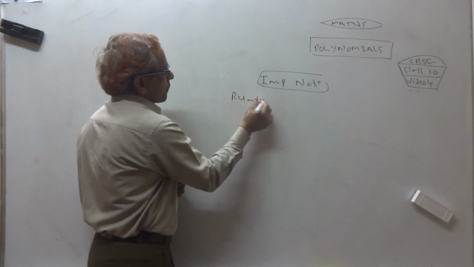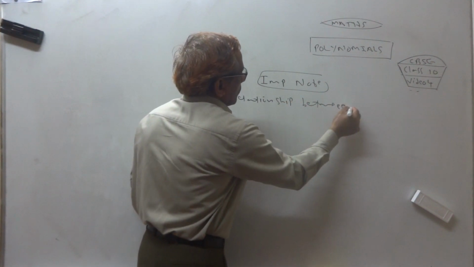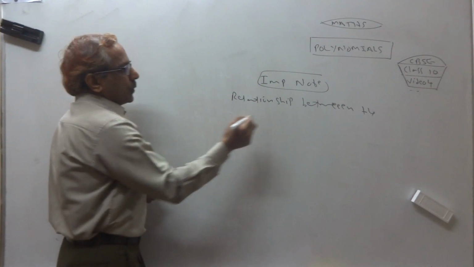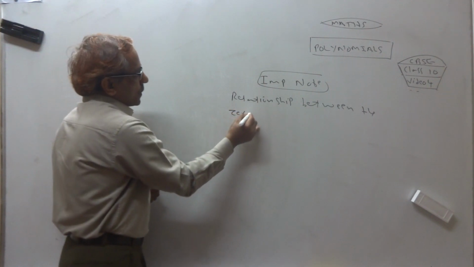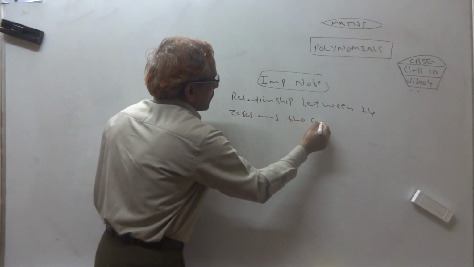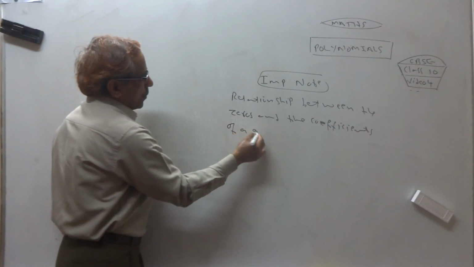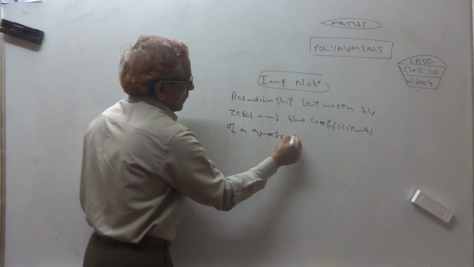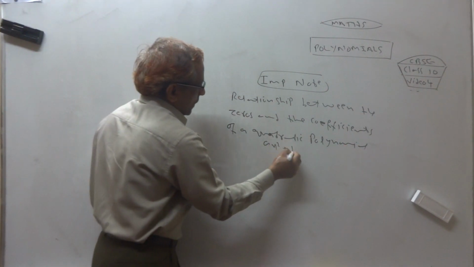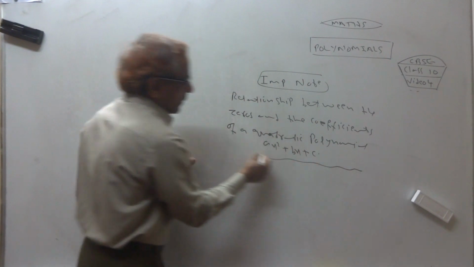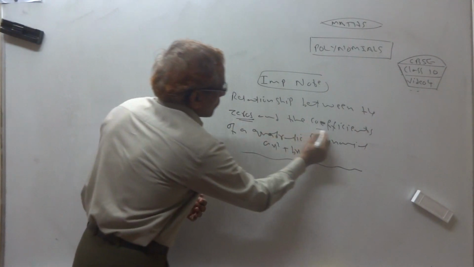Relationship between the zeros and the coefficients of a quadratic polynomial ax square plus bx plus c. It's okay? What is the relationship between the zeros and the coefficients?